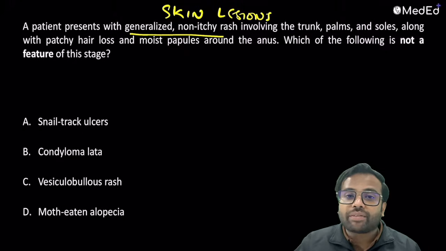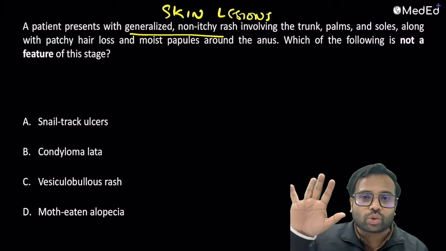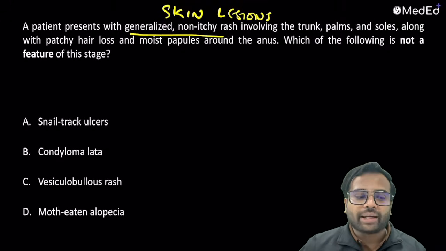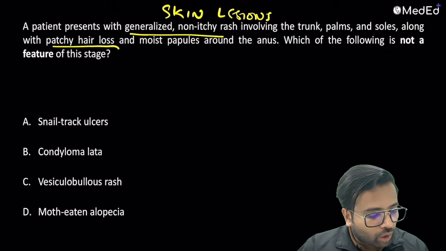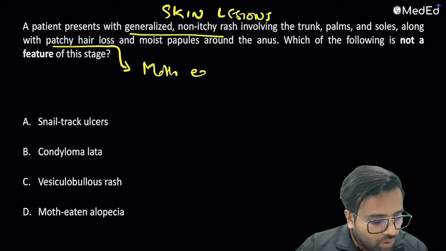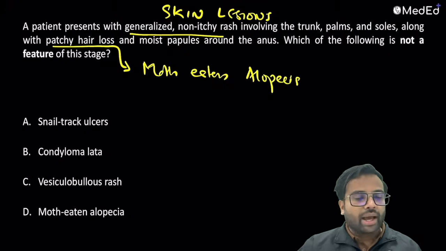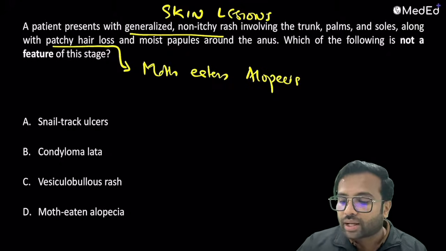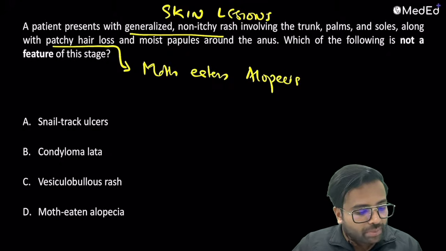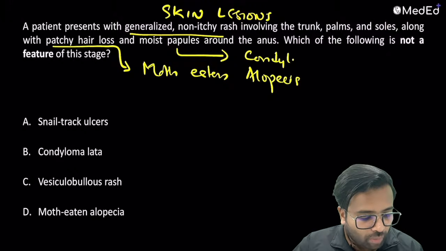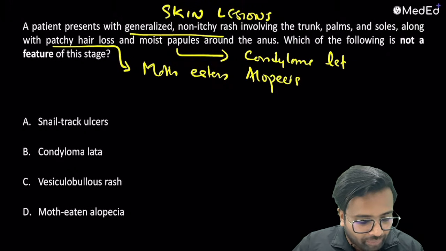The patient is having some lesions over the palms and soles, pigmented lesions. And there is patchy hair loss. What is this patchy hair loss called? This is called moth-eaten alopecia. And there are some moist papules around the anus, which are called condyloma lata.